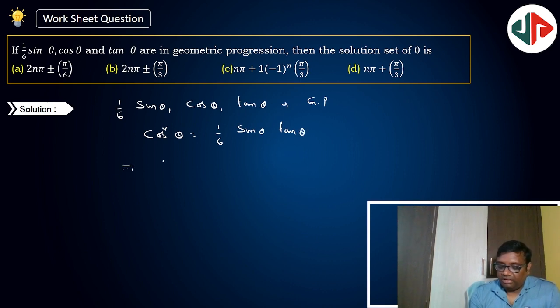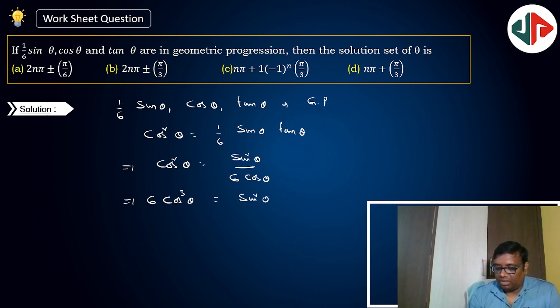So cos square theta is equal to sine square theta by 6 times cos theta. So your answer is 6 cos cube theta is equal to sine square theta. We can read it as 6 cos cube theta equals 1 minus cos square theta. So 6 cos cube theta plus cos square theta minus 1 is equal to 0.